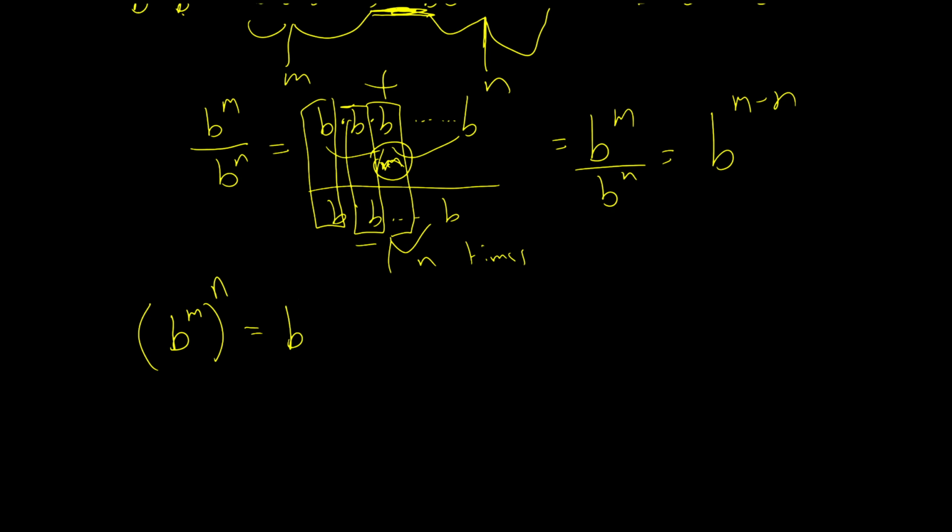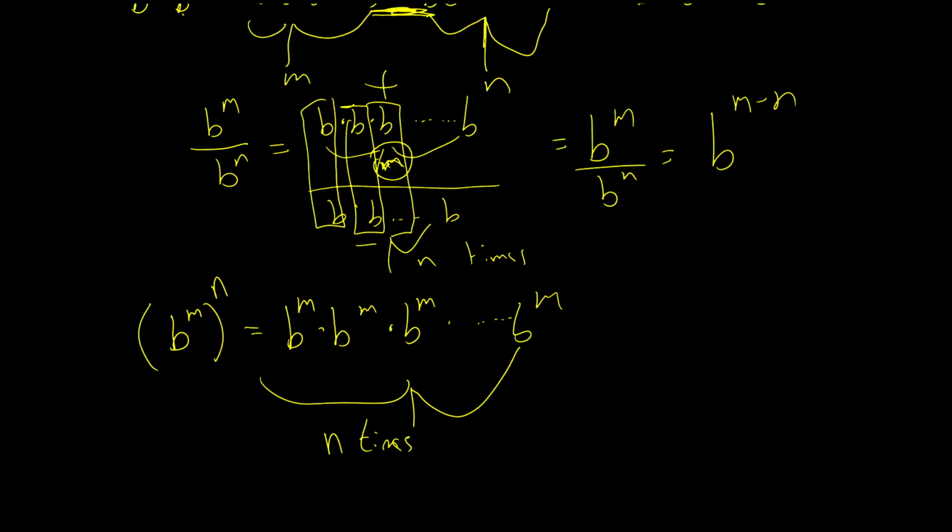Well, it's saying I'm taking b to the m and I'm multiplying that n times. I just take the definition I used for an exponent, and I don't worry about this one being to the m. I just worry about this whole thing in the parentheses.